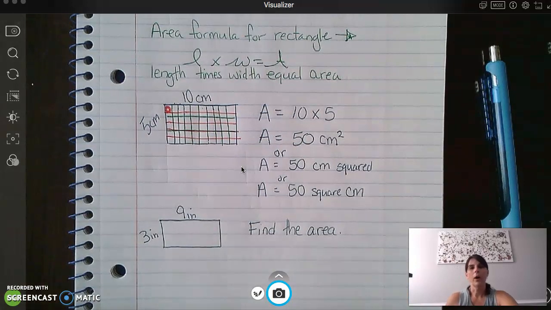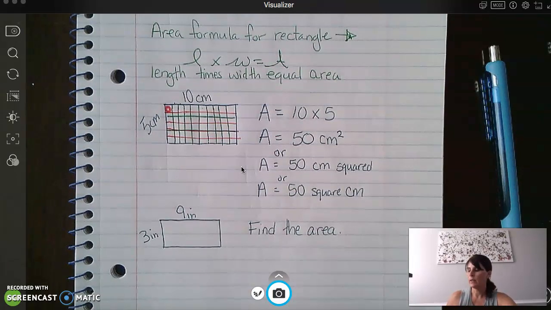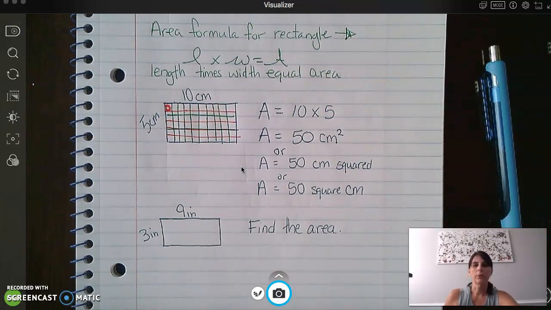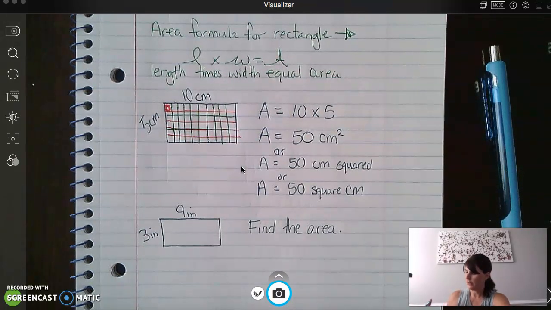Okay, so you're going to pause the video. You're going to find the area for this rectangle. Don't just say it out loud, actually write down the math. Okay, so go ahead and pause the video and try it. Okay, let's see how you did. Hopefully you're unpaused, and let's see how you did.